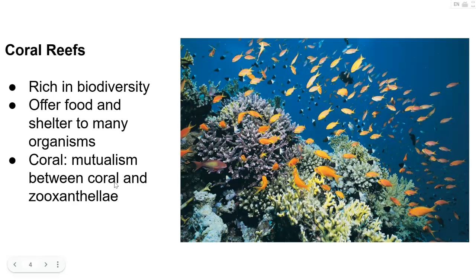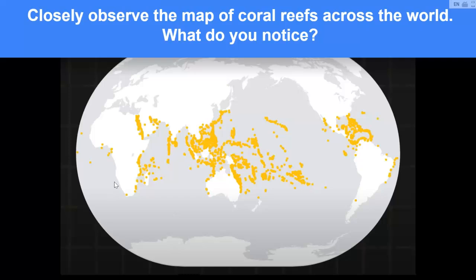There's a really great biointeractive that hopefully you will take a look at later. If you look at a map of the world, these yellow dots are showing where the coral reefs are. It says, closely observe the map across the world.